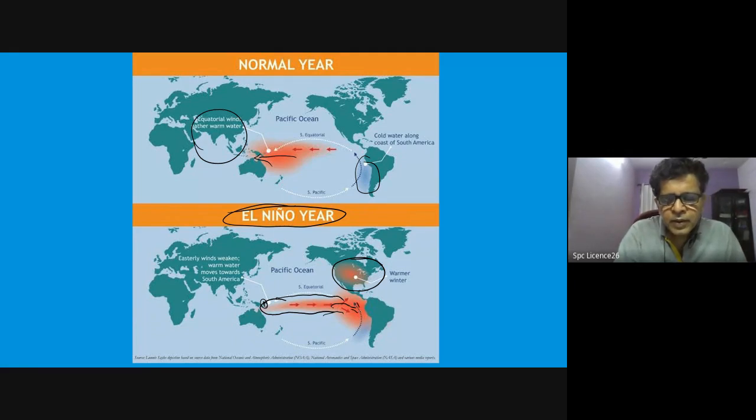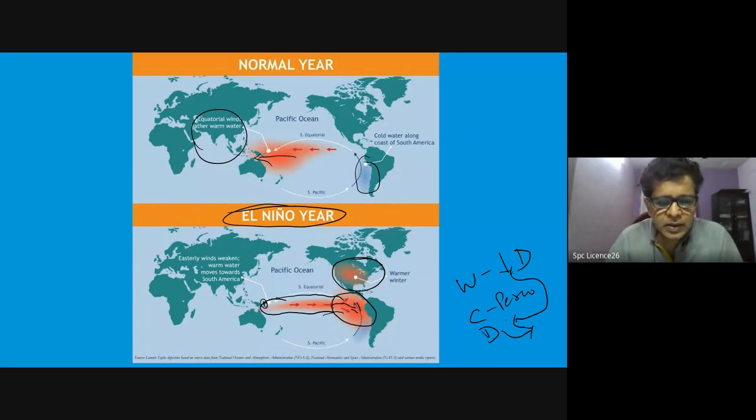As we have said, this is going to be warmer and that is going to be less dense. You'll see that it will override the cold Peru current, which is going to be denser. So the denser water will go down and the warmer will come up and stay above this region. There are cycles, but the year this happens is called an El Nino year.